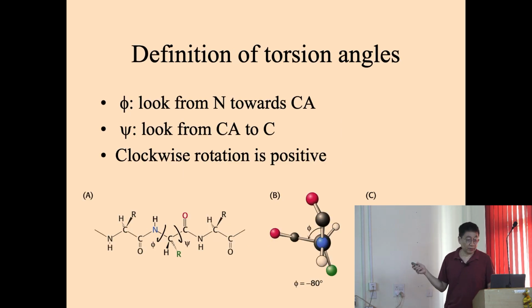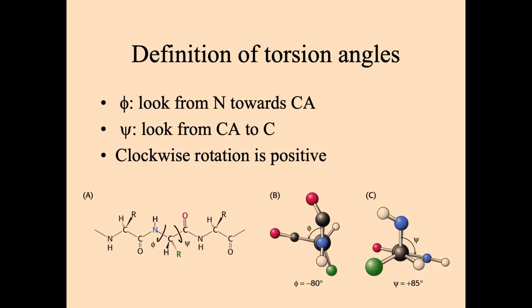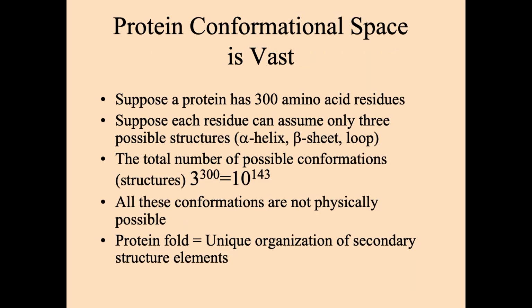I'll skip over the definition of torsion angles. We don't need to worry about that too much. The basic concept here, which you probably know as well: suppose a protein has 300 residues, and each residue can have 3 conformations, alpha, beta, or loop.